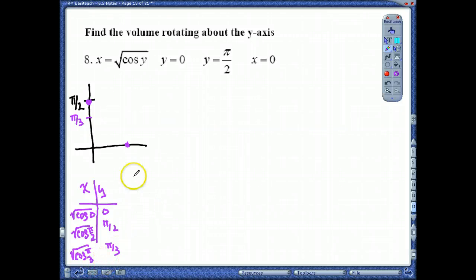Well, the square root of 1/2 is somewhere in between the square root of 1 and the square root of 0. And we know that this is going to be a curved little piece because it's cosine. It's not linear. So we know it's going to be some curve. I can even make that better. There we go. That makes me a little more happy. Okay. So bottom line, we get that area. It's a nice little curved piece.